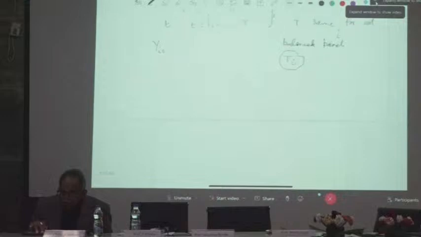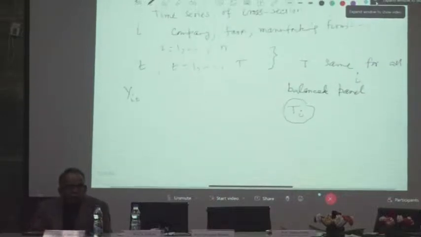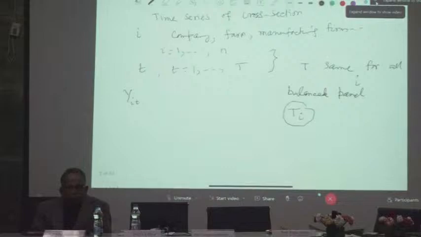The first question is: what do you gain by having a panel? The first thing you see is that you have i and t. If i runs from 1 to n and t runs from 1 to big T, what is the total number of observations?